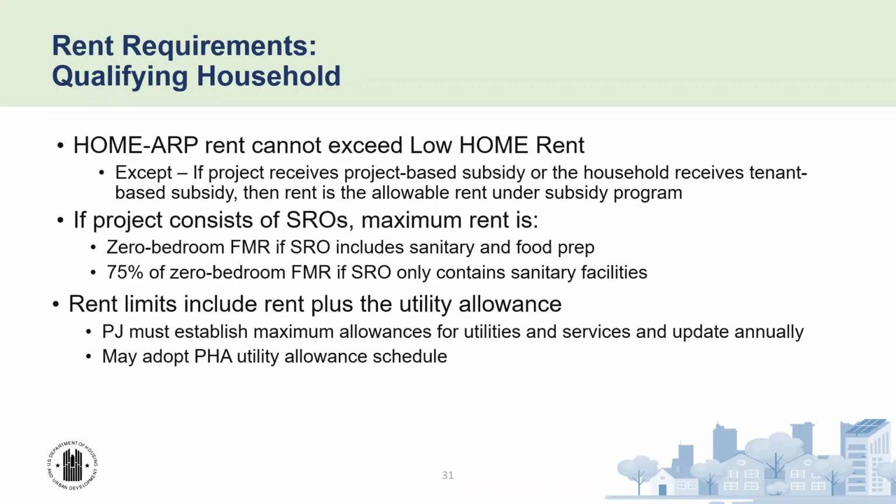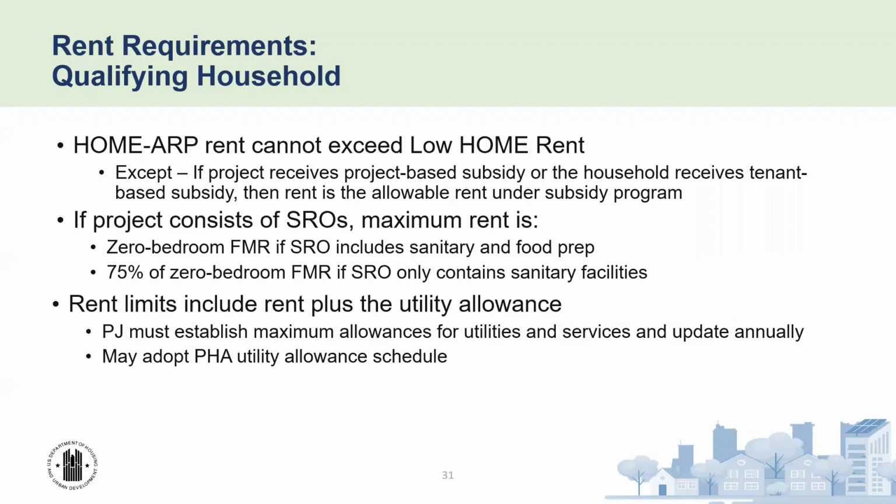For units restricted for occupancy by qualifying households, the unit rent is the low HOME rent, or if the project receives project-based rental assistance or the tenant receives tenant-based rental assistance, the rent is the rent permissible under the rental assistance program.